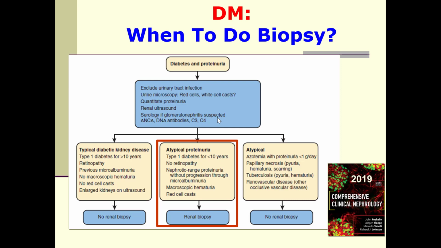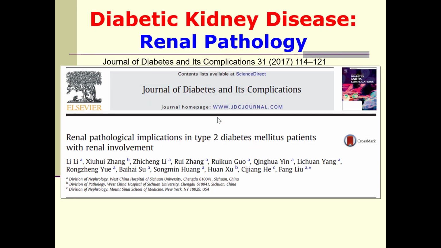However, when we read the details of the electron microscope, we found universal effacement of foot processes. So the diagnosis of minimal change disease superimposed on diabetic nephropathy was established, and we started steroid for this patient. So always, when we evaluate the biopsy, we should have all the facilities to know if there is a superimposed disease or not.